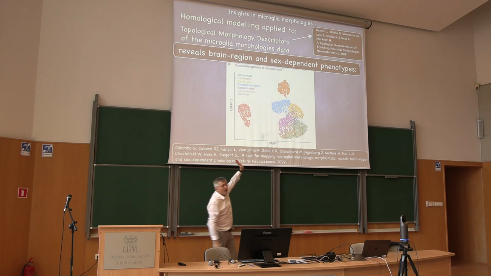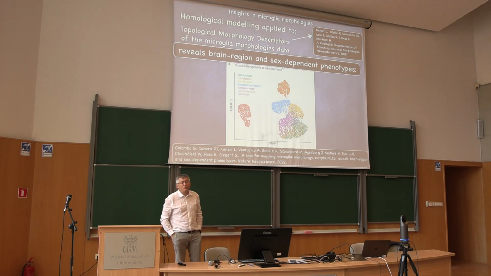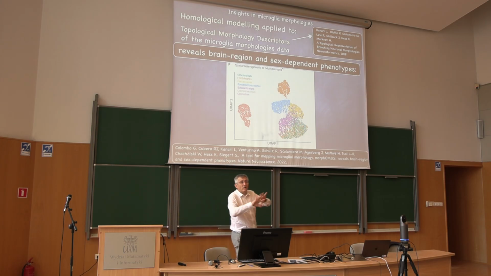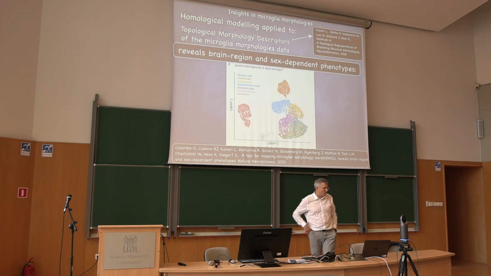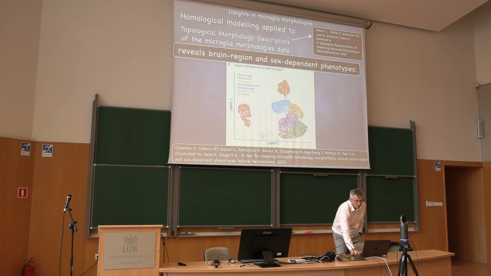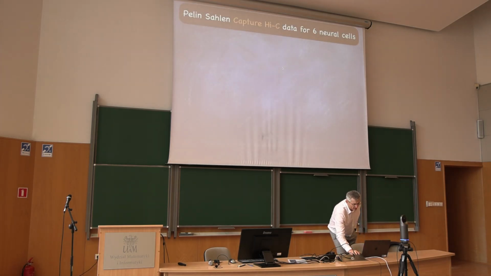Let's just look at this UMAP, a two-dimensional dimensionality reduction, and it definitely shows the difference in where they come from. This is just an illustration of what it can be used for. And again, the ability of doing statistics has been crucial. Okay, let's look at another data set.